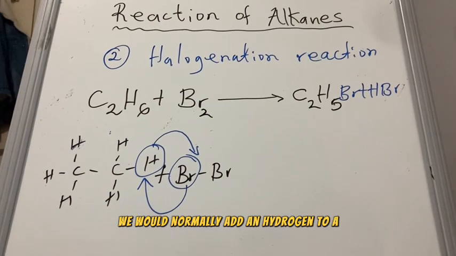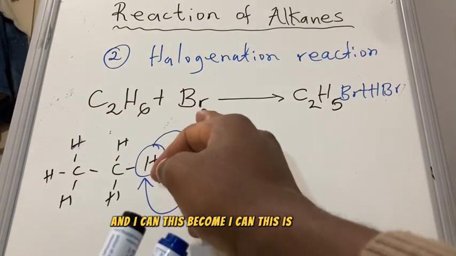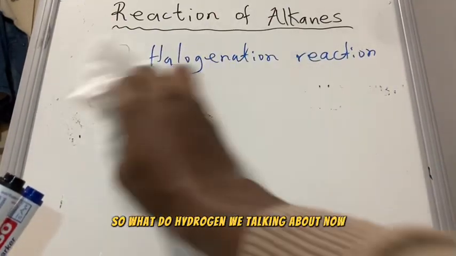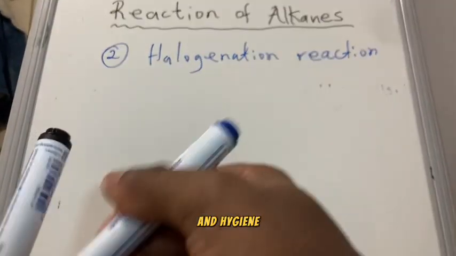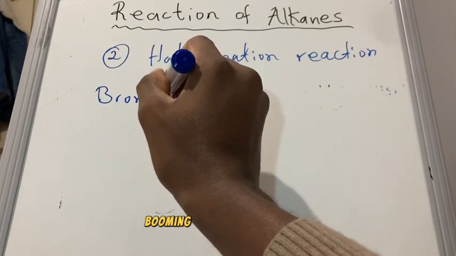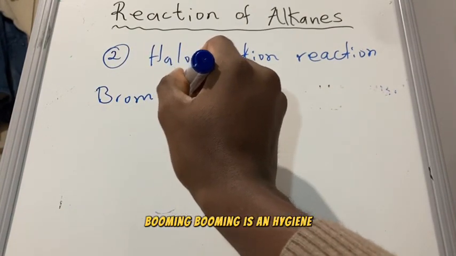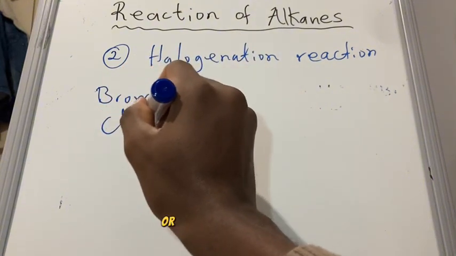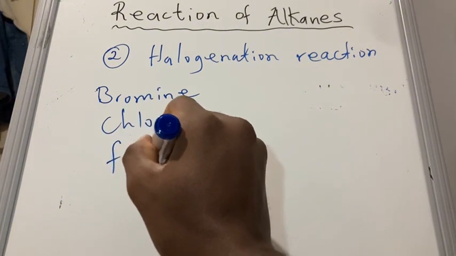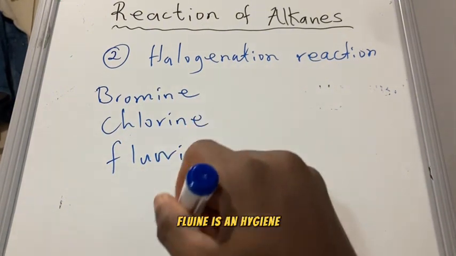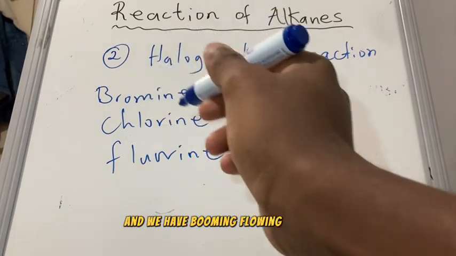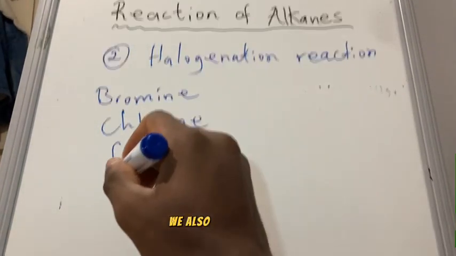But now I said something: in the halogenation reaction, we will normally add a halogen to an alkene. This becomes an alkene, this is a halogen. So what are the halogens we're talking about? The elements that are halogens are bromine, chlorine, fluorine, and we also have iodine.